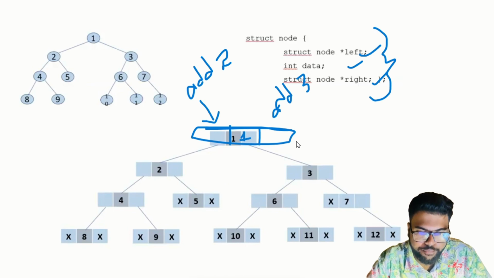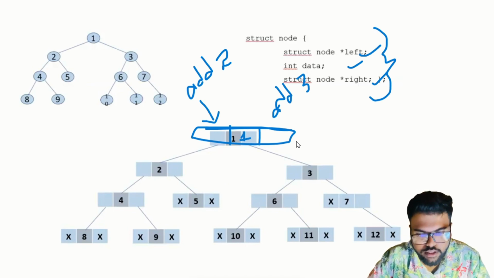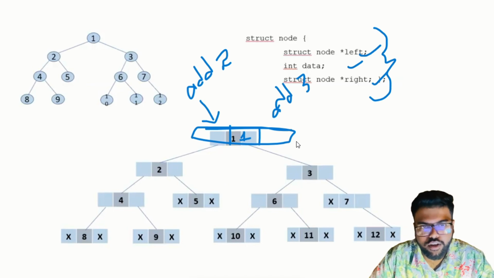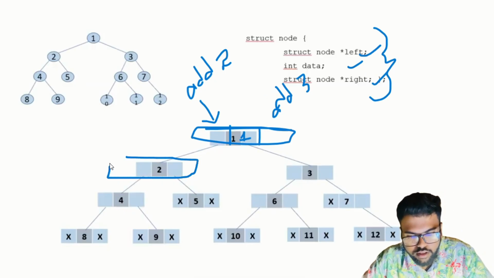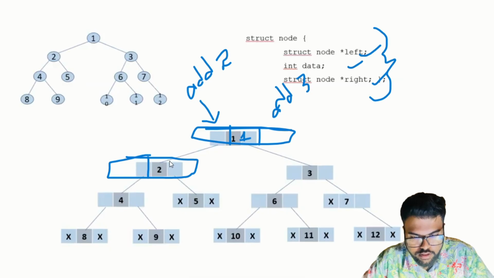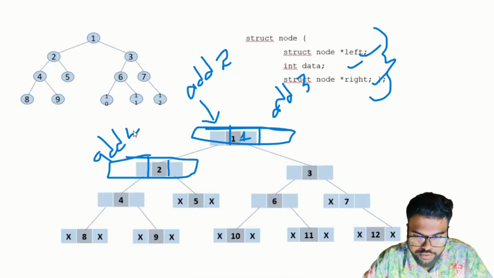Look at this linked node, it always has a left child and a right child. This node is the same. This address is the left child, and this side address is the right child.